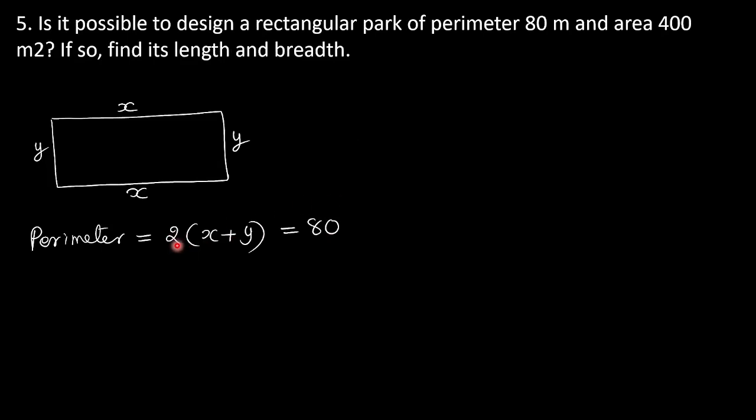Then 2 can be taken to the other side. Understood? We get an equation that x plus y equals 80 by 2. Somebody has sent me the solution. Let me see. Joyce. Okay. x plus y equals 80 by 2, 80 by 2 will be 40.